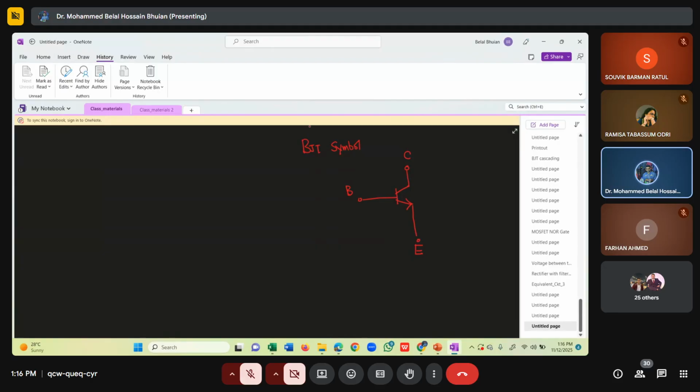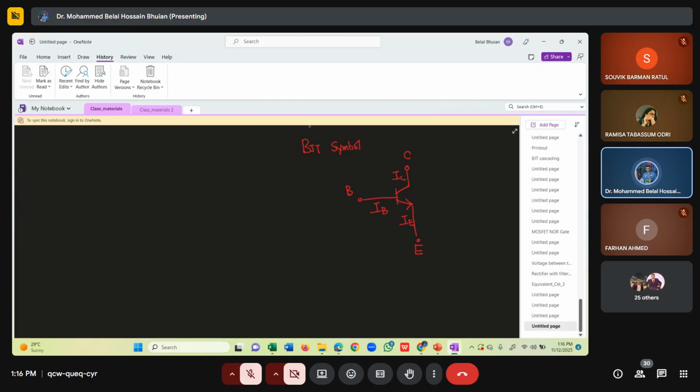Same as in MOSFET, where there are voltages in three terminals, but unlike in MOSFET, where there is only one current component that we have to deal with, in BJT, each terminal will have one current. So in the base terminal, this current is IB. In the collector terminal, this current is IC, and in the emitter terminal, this current is IE.